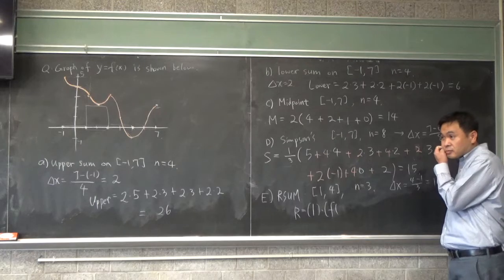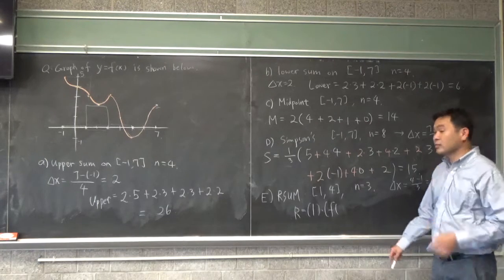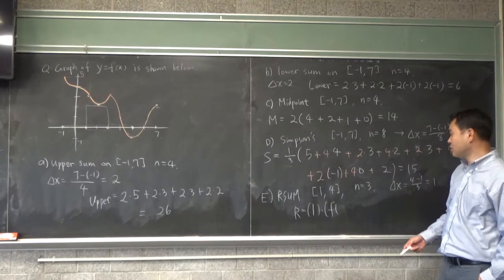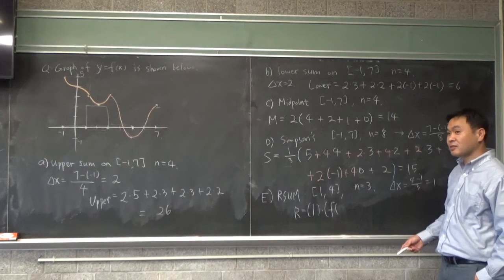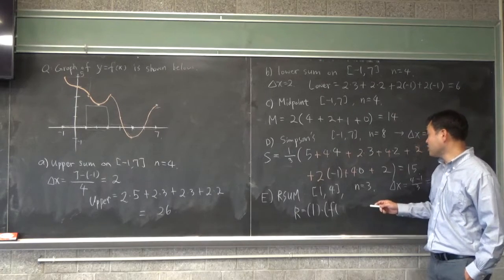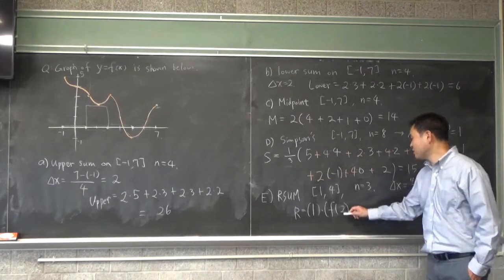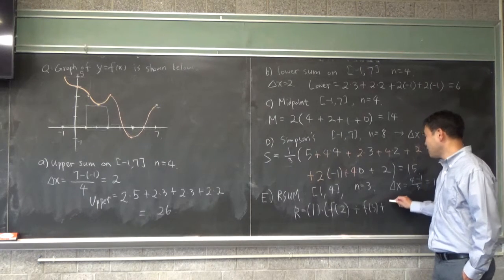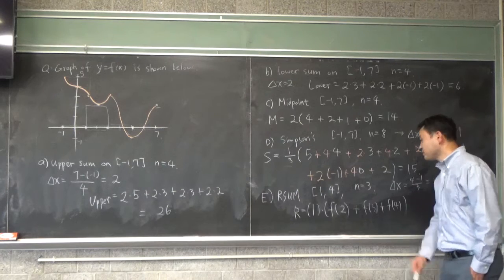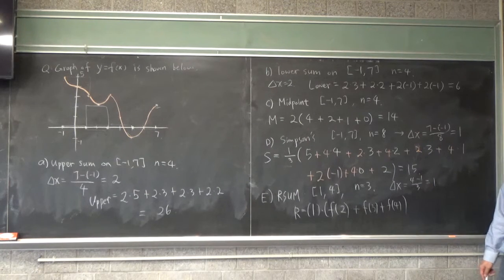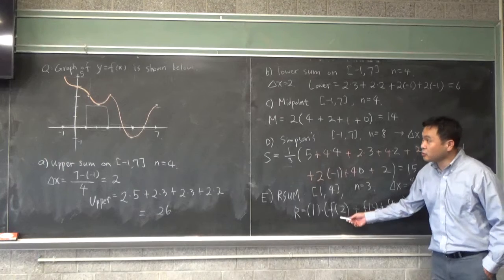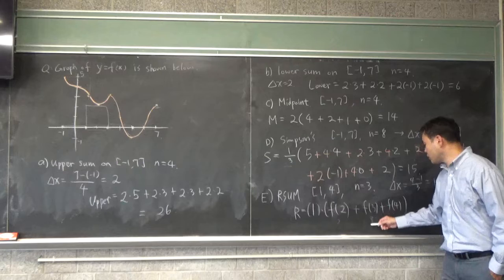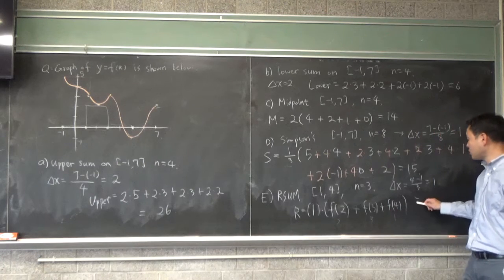F of x1, right? What is x1 in our case? f of 2. And f of 3. And f of 4. That's it. Okay, so f of 2 is 2, 3, and 1. Adding, you get 6, so the value is 6.